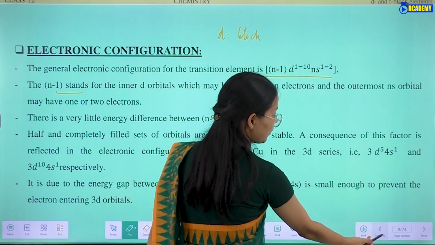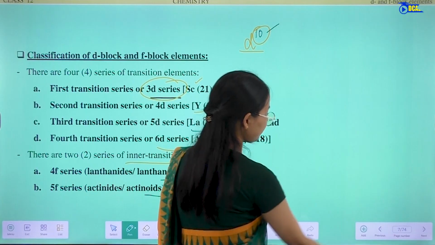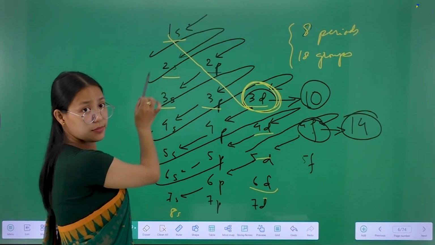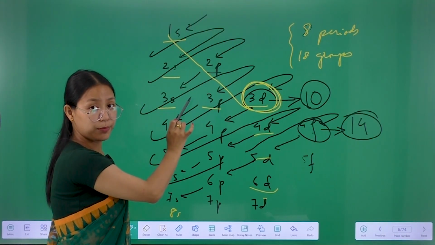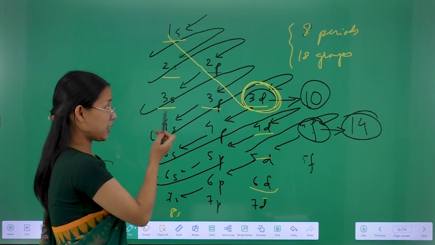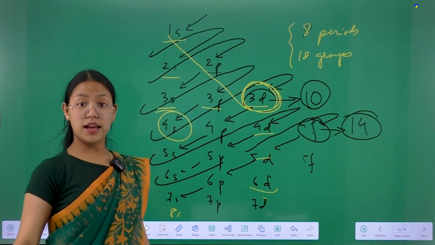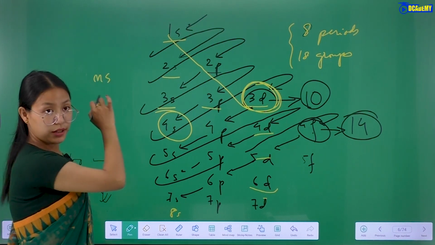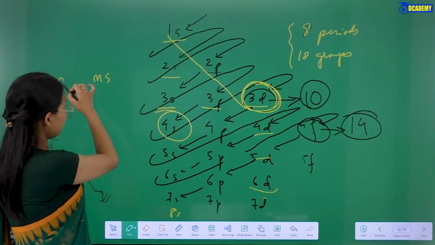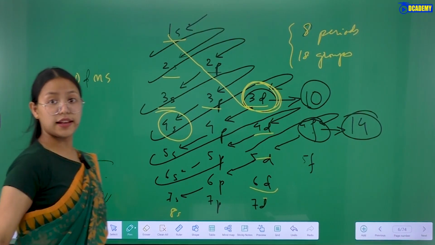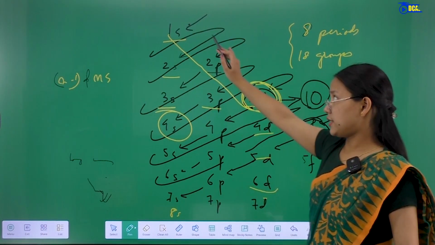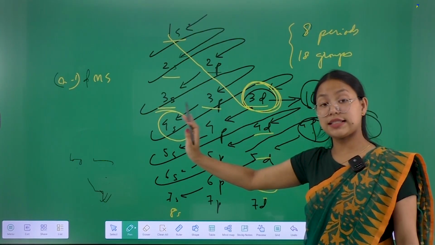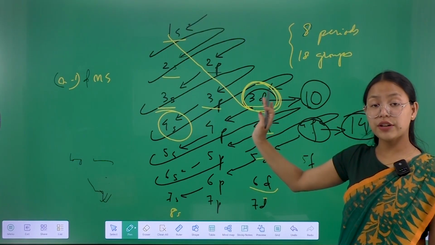Let's see the previous slide. Here we have 1s, then 2s 2p, 3s 3p, next 3d comes, and then 4s comes. So 4s means ns, and 3d means n minus 1 d.